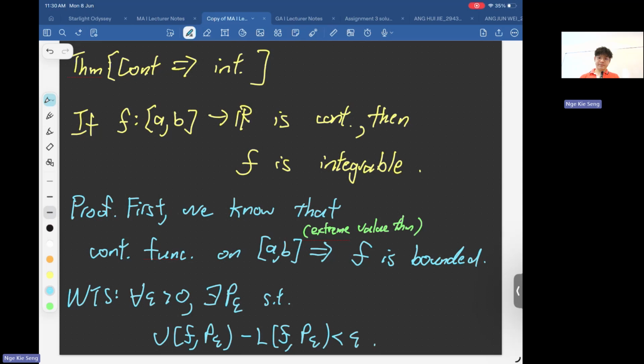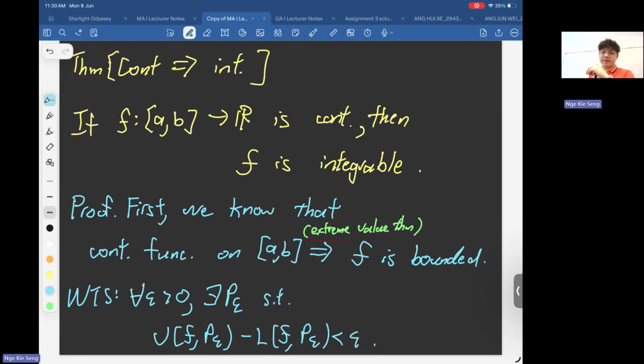So what to do here? We need to find P epsilon. How do we find P epsilon here? What is our concern?